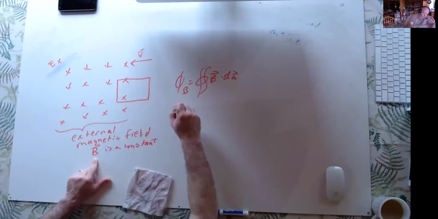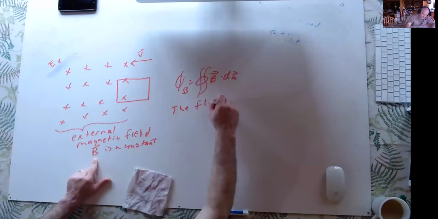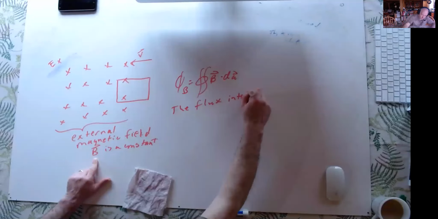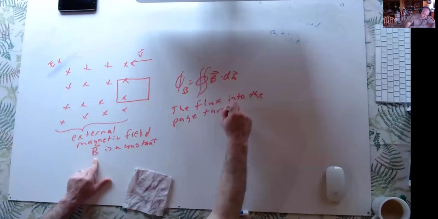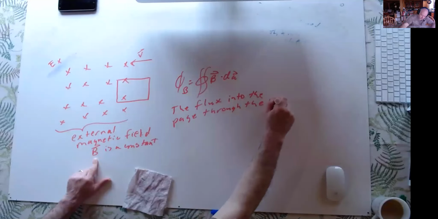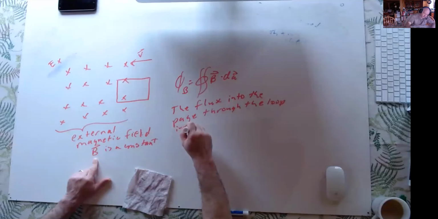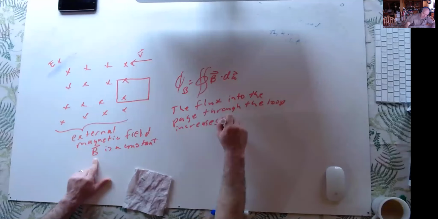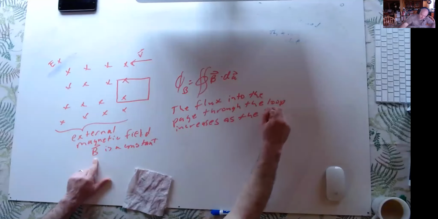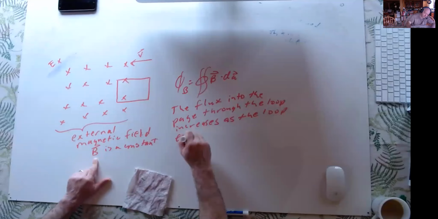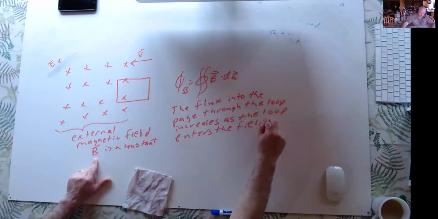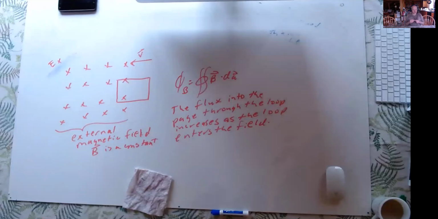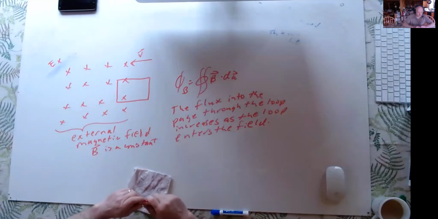So the flux into the page through the loop increases as the loop enters the field. Why is the flux increasing when the magnetic field is a constant?